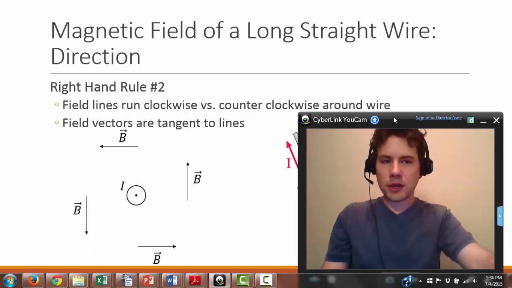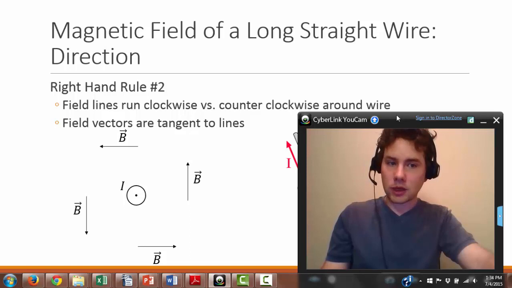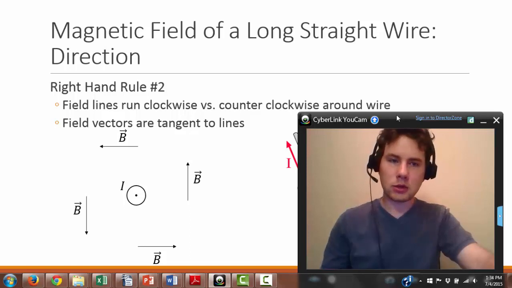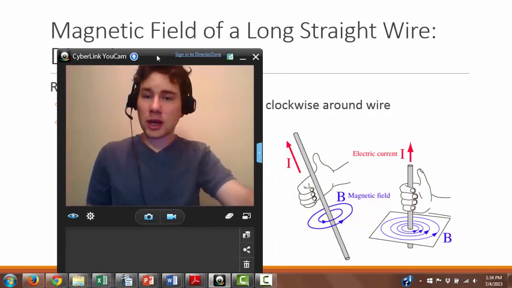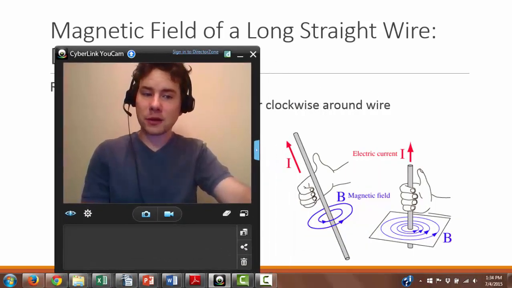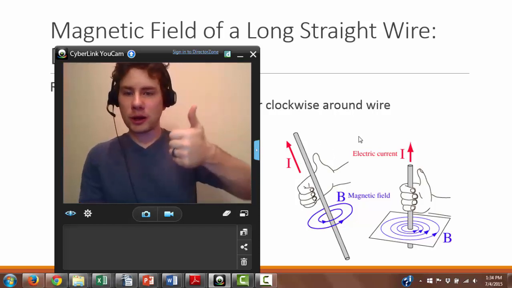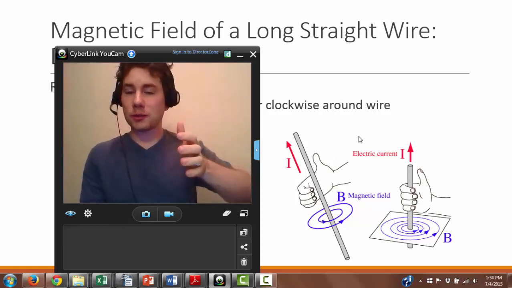Now, the reason I mention that is that the most common way of doing this is to use the right-hand rule to figure out the direction of the magnetic field lines. Now, as you saw with the iron filings, the magnetic field lines went in circles around the wire. And so the common way of remembering it is to use your right hand to figure out which way the circles run.